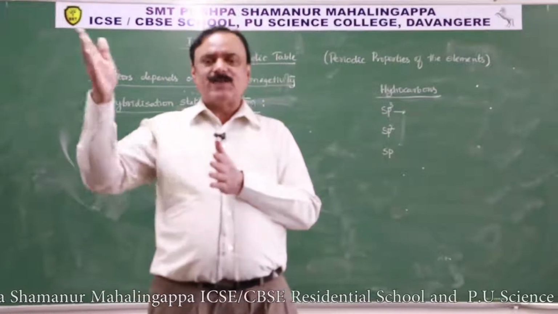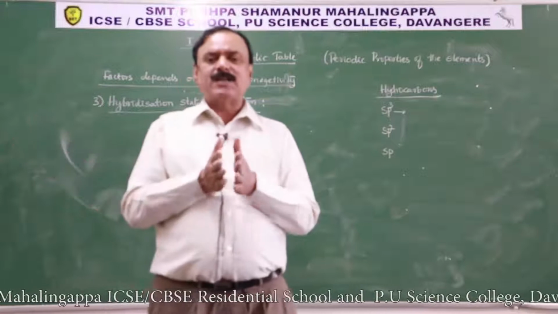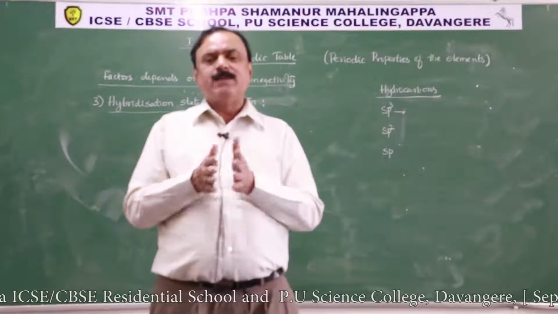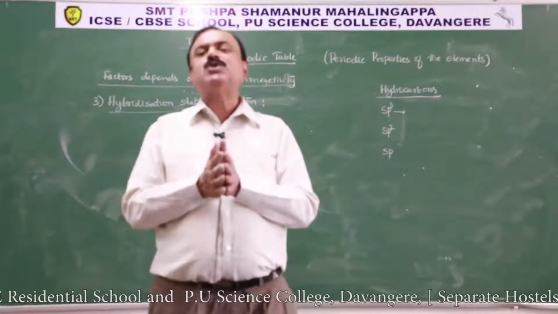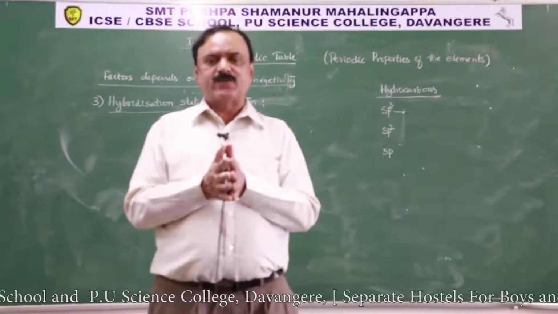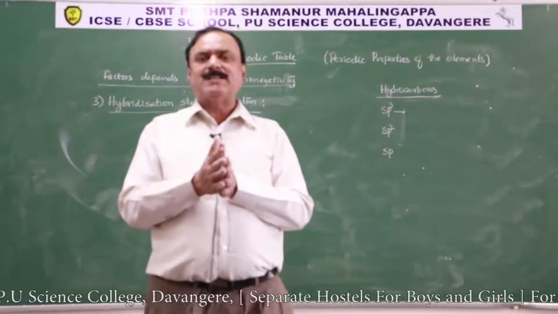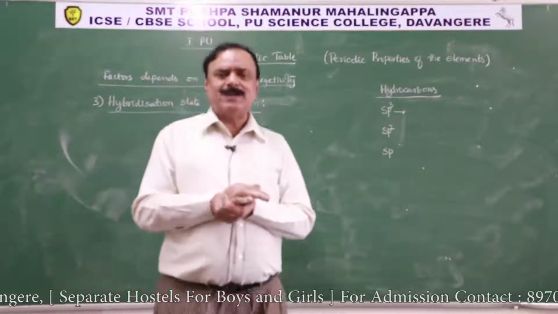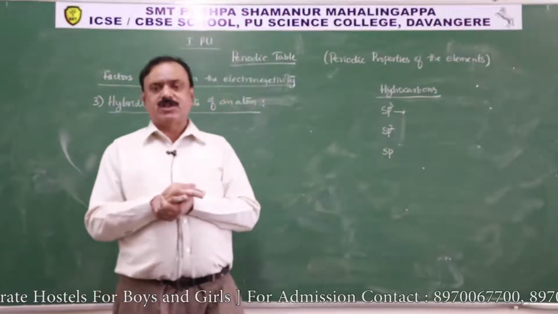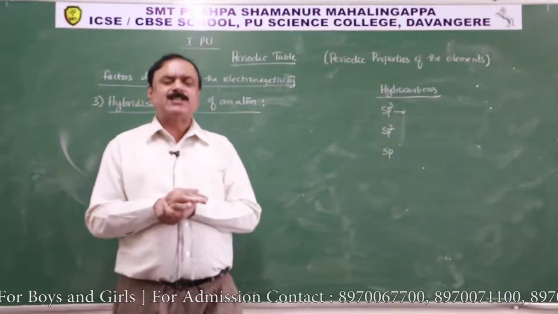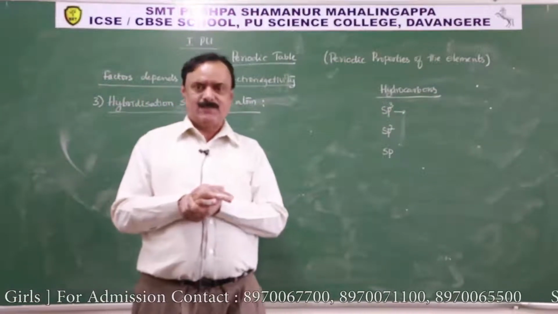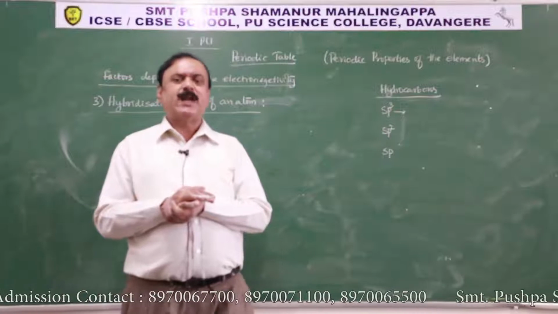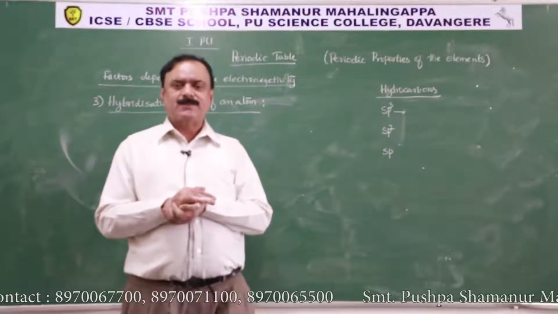On one side we have positive charge, on the other side negative charge, and between these two we have an electrostatic or Coulombic force of attraction. That phenomenon is called ionic bond formation. Usually ionic compounds are crystalline in structure, soluble in water, their solutions are good electrolytes, and they possess high melting and boiling points.